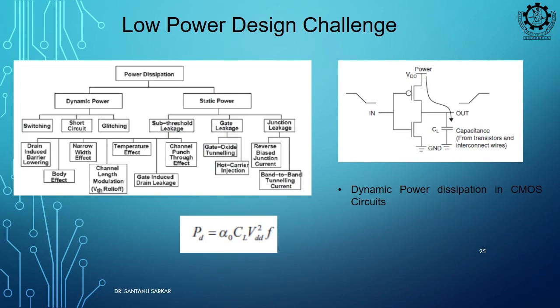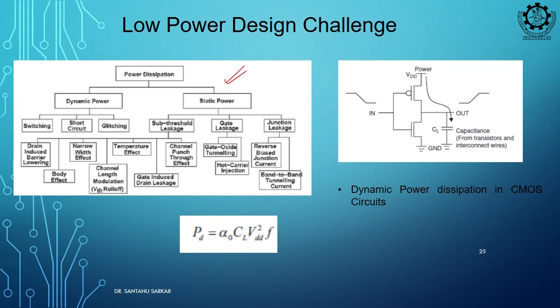So, I hope you all know the two main power dissipations, one is static power, another is dynamic power. These are the main ones, right. Can you please tell me what is static power? From the name, what do you understand? Static means the input is not moving that much.